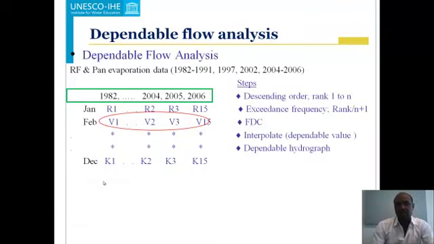Then actually what the model does is it takes the measurements of, for instance, all the years for January or for February and so on, and then it analyzes the data which is measured, for instance, only for January.